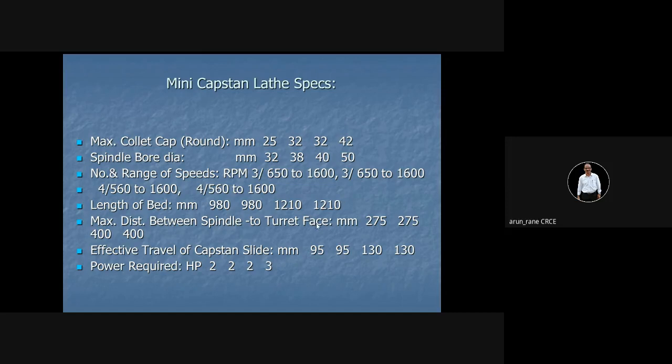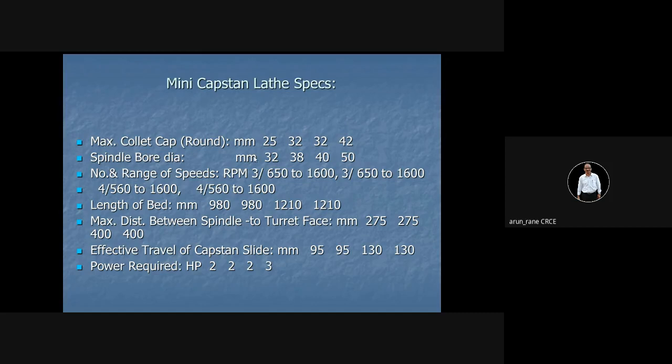In this case, the important parameters are the spindle bore, and second, the distance between the spindle and the turret, that is the maximum length. The third is the maximum diameter of the workpiece, but that will not be applicable here, because in capstan and turret lathes we use a round bar.